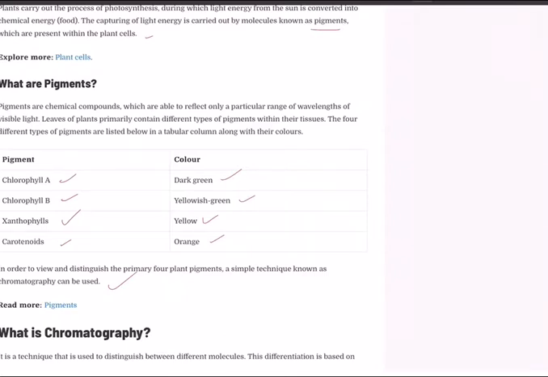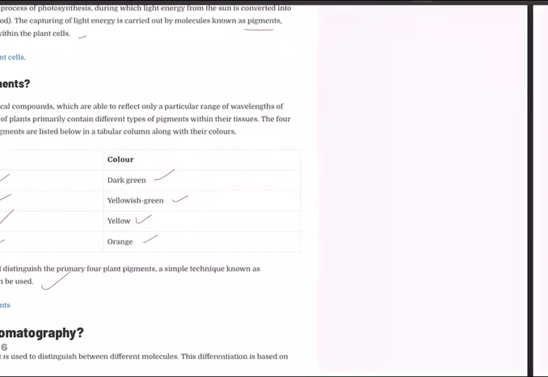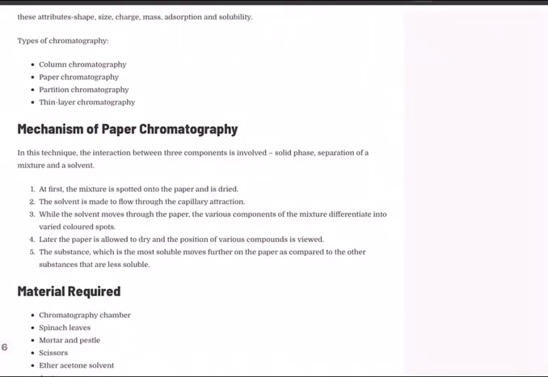In order to view and distinguish the primary 4 plant pigments, a simple technique known as chromatography can be used. Now, what is chromatography? It is a technique used to distinguish between different molecules. The differentiation is based on attributes such as shape, size, charge, mass, absorption and solubility.